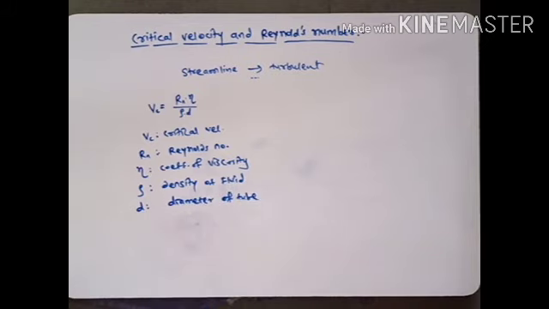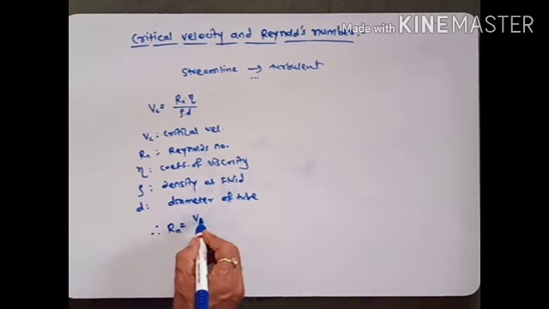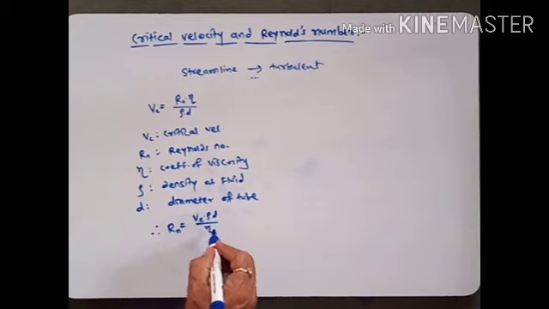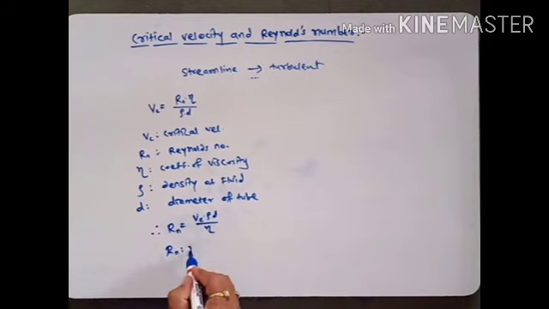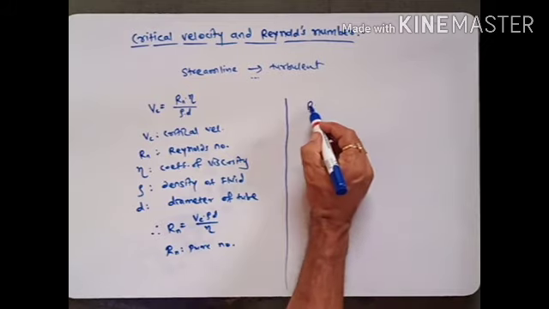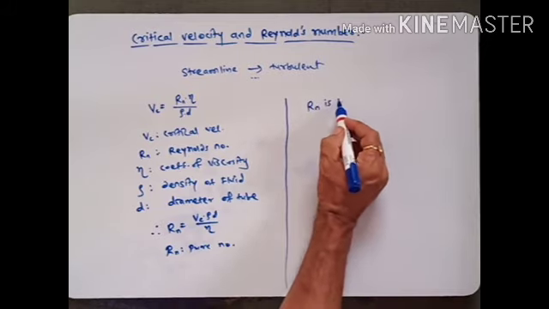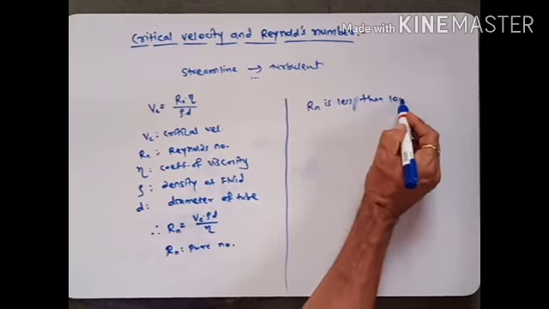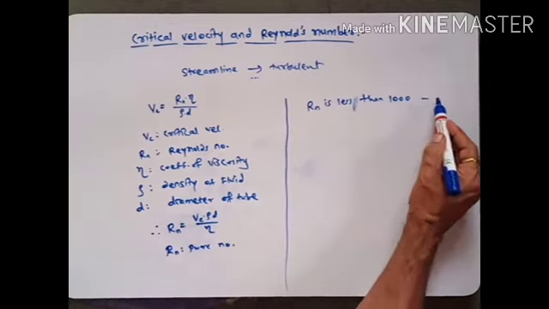This is a direct relation. Vc = Rn eta / (rho d), and therefore we write Rn = Vc rho d / eta. Rn is a pure number. If Rn is less than 1000, then the flow is streamline flow.